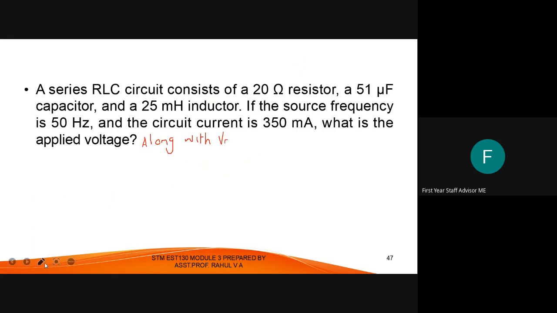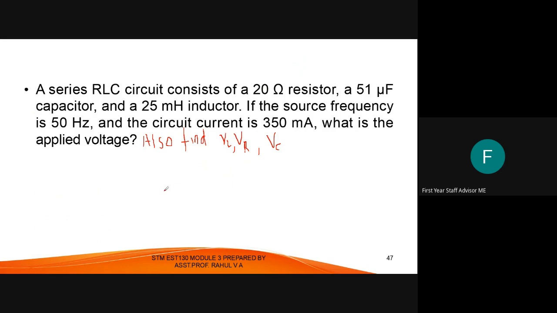Also we have to find VL, voltage across inductance, VR, voltage across resistance, and VC, voltage across capacitance. This you also have to do.